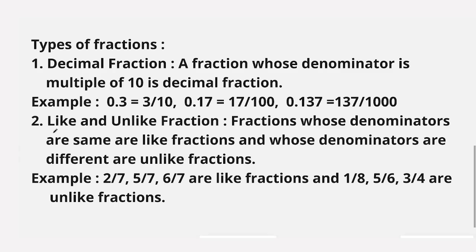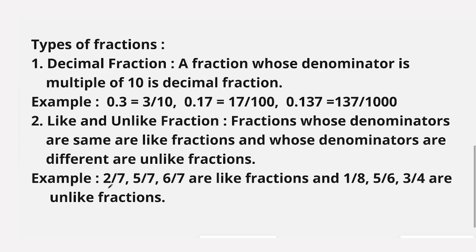Type 2, like and unlike fractions. Fractions whose denominators are the same are like fractions and those whose denominators are different are unlike fractions. The example is: 2 upon 7, 5 upon 7, 6 upon 7 are like fractions.